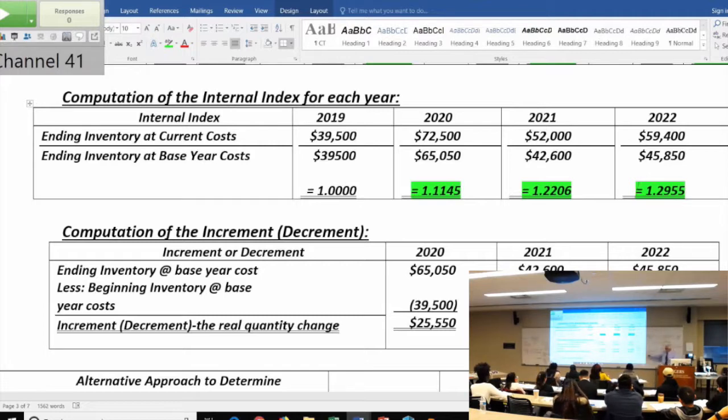So this is year 1 at base year prices. This is year 0 at base year. You could factor out the price and get the quantity change.